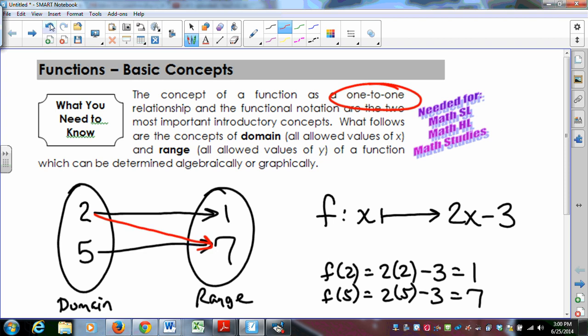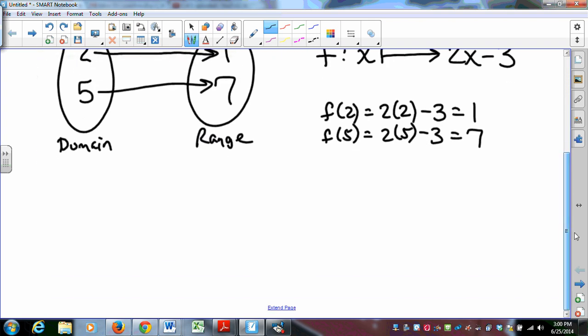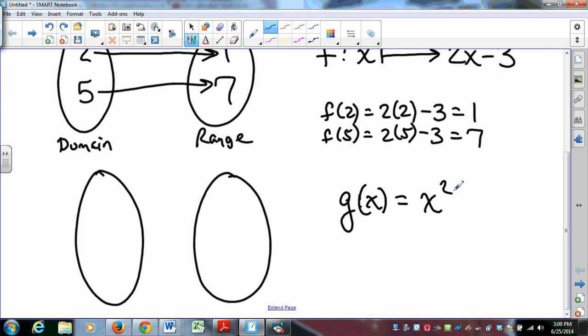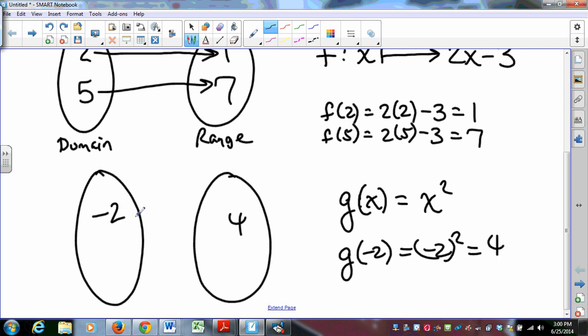Having said that, if we had some other function, we'll just use the next letter of the alphabet and say that g of x is x squared, then I could ask what g of negative 2 is, and that would be negative 2 squared, that's 4. We'd have an arrow that goes like that.